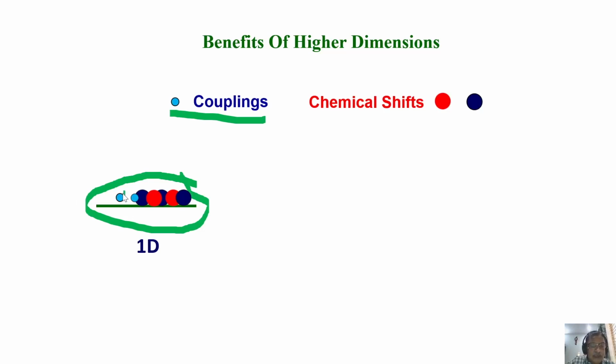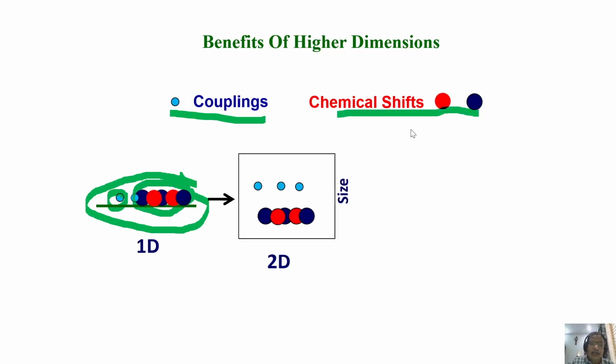The small spherical balls represent couplings. The bigger spherical balls represent different chemical shifts. It could be homonuclear or heteronuclear; I have taken a homonuclear case, no problem. I don't have to specify the type of 2D experiment. I have taken a 2D experiment that I know can resolve this.